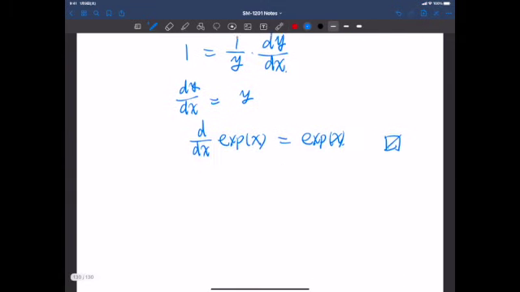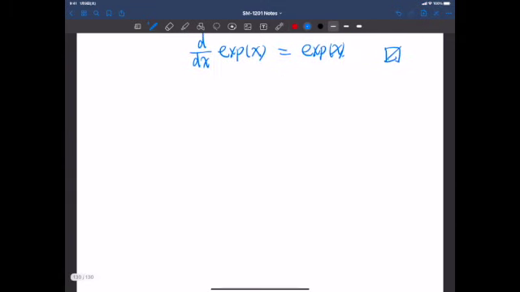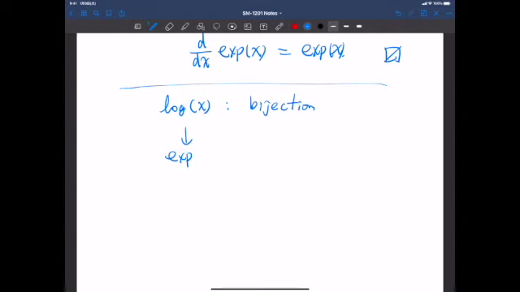At this point let us review what we have done so far. First of all, we defined the natural logarithm function, and we have seen that this is a bijection. Based on this fact, we defined its inverse function.